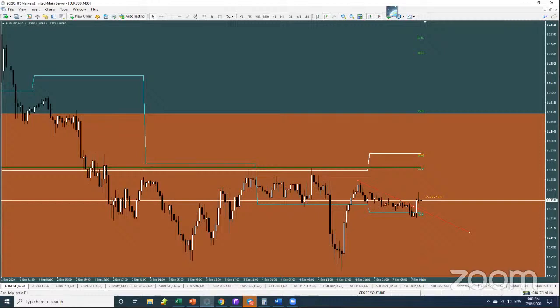How's all your stuff looking, Ash, before we go? It's looking flat, mate. Really nothing has moved. I mean, the FTSE is maybe 30 pips from the open, which is not hugely surprising, and it's looking like it's just going to continue to float around.